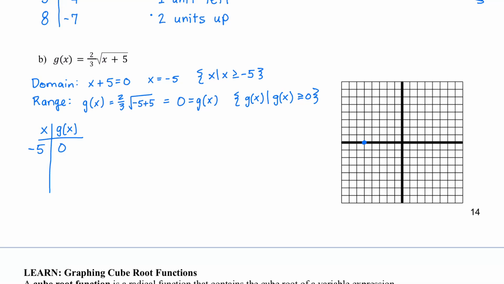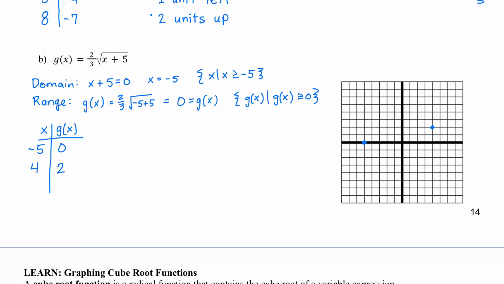So we're going to want to plug in 4. 4 plus 5 is 9. The square root of 9 is 3. 3 times 2/3 is 2. So we're going to have 4, 2. That's right here.